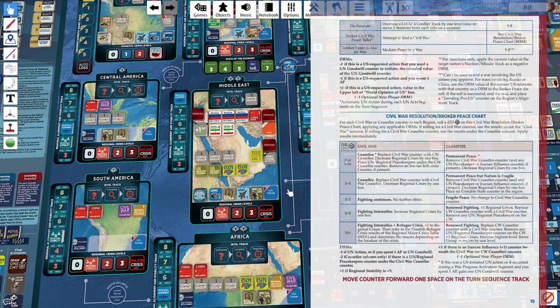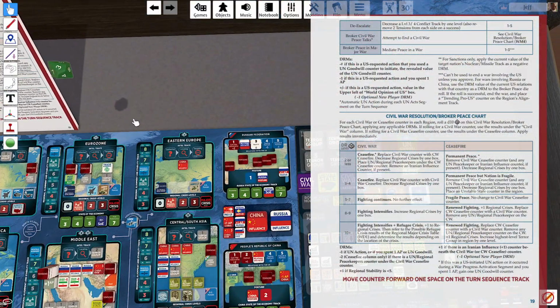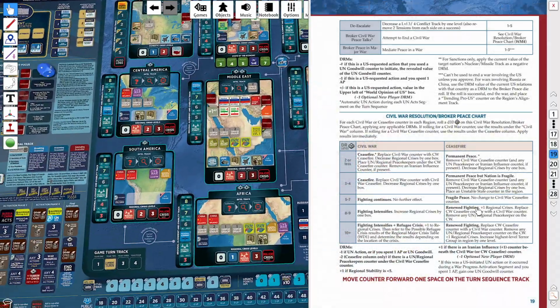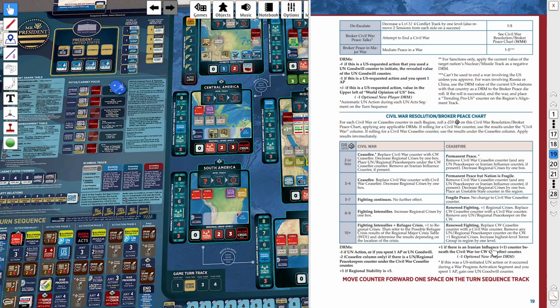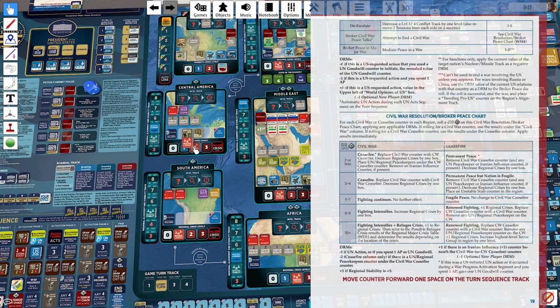We're going to do this Civil War ceasefire. And 8 is not going to do anything. There's no Iran, there's no anything. Stability is less than 5, that becomes a 9. +1 crisis.